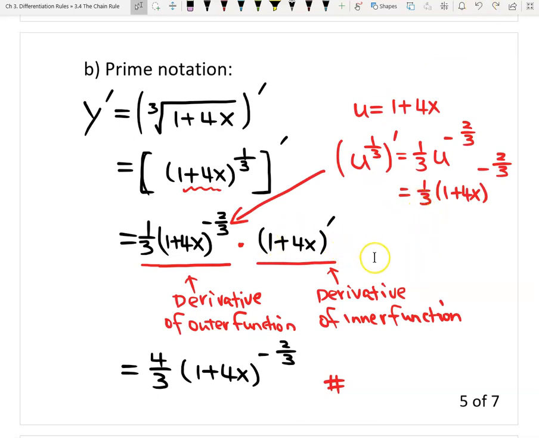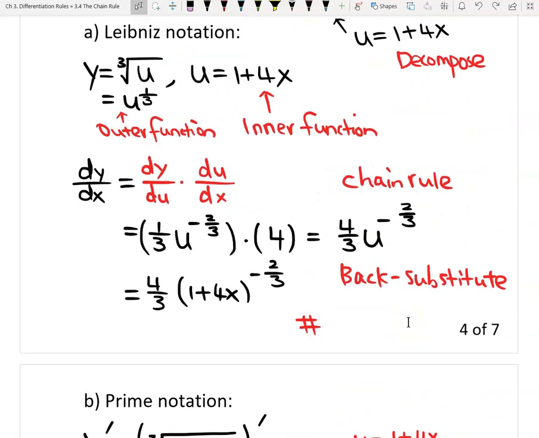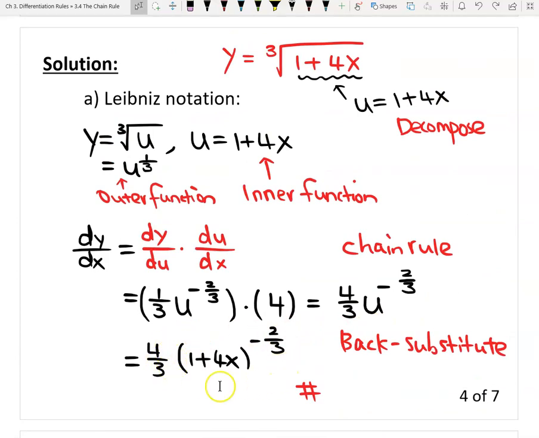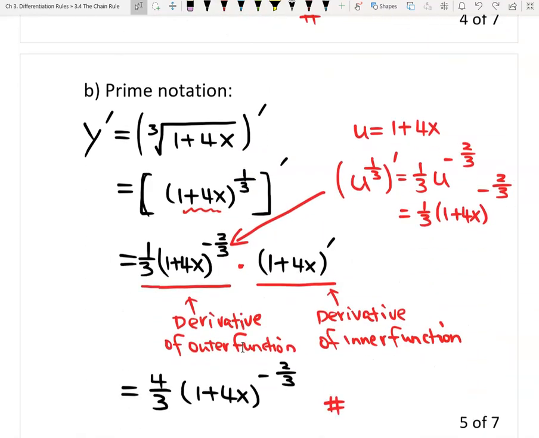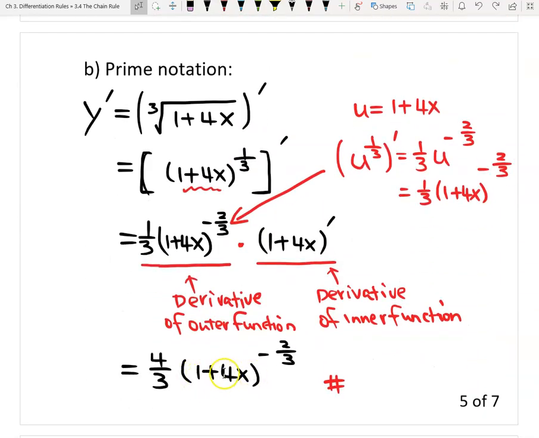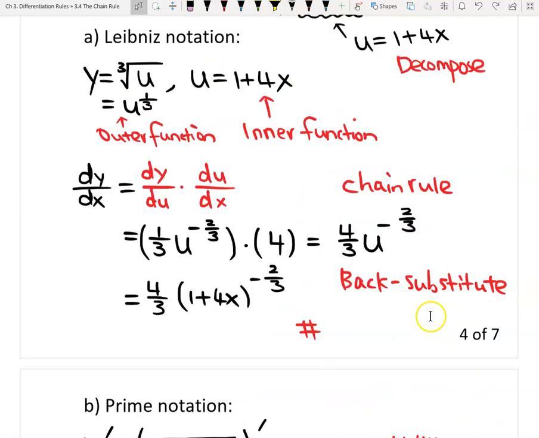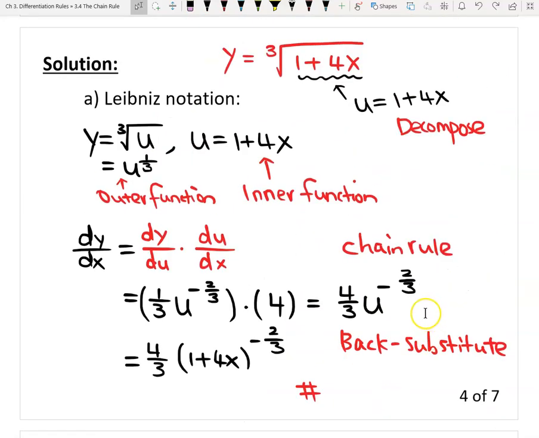And the last step, we're going to compare the two answers, see if they are the same. Okay, so can you see? What we get from Leibniz notation is 4/3, 1 plus 4x. Keep in mind that this is the answer from the first notation. Here is the answer from the second, prime notation. Of course, they are the same, right? And probably you will say, look, both of the methods look almost the same, and I can pick any one.